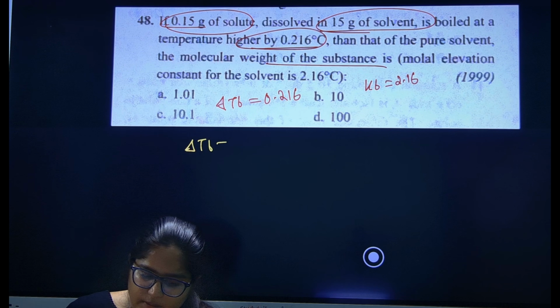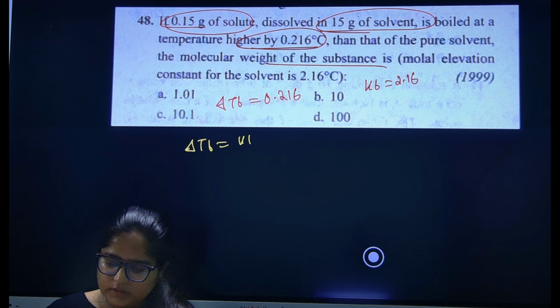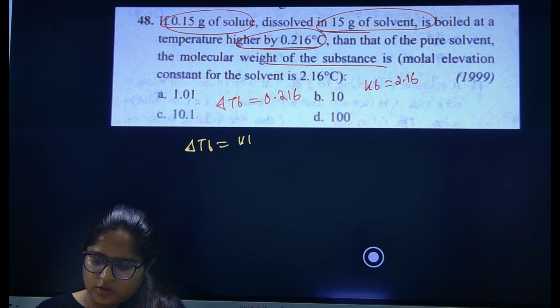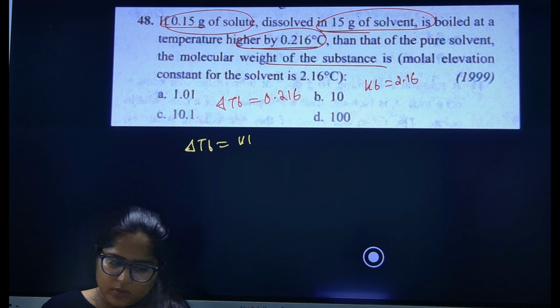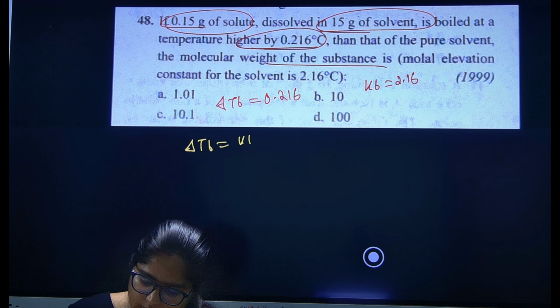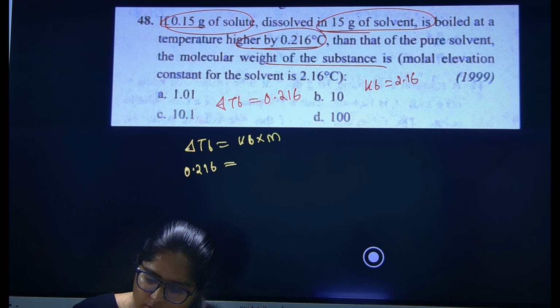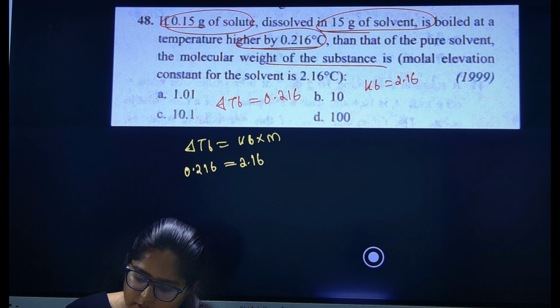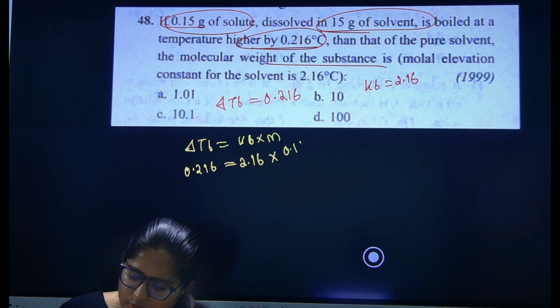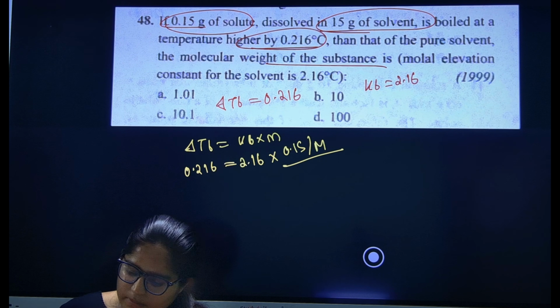So delta TB will be equal to Kb into m. So delta TB 0.216 is equal to Kb 2.16 into molality. How to calculate molality? Given mass by molar mass, 0.15 by molar mass, and the mass of solvent given.